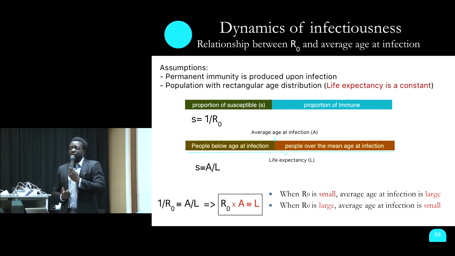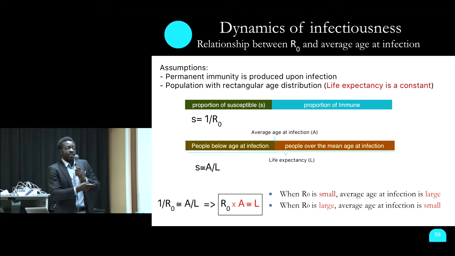When you're infected with measles, you develop immunity that protects you against further infections in the future. Let's also assume that we have a rectangular age distribution, meaning that life expectancy is a constant in a population. So we have these two assumptions here.